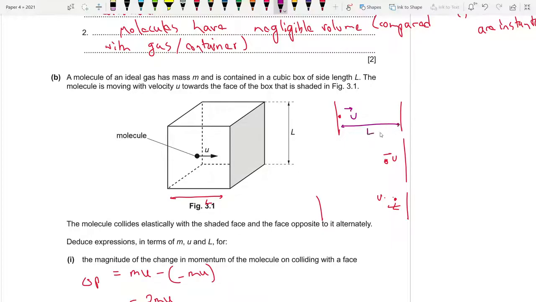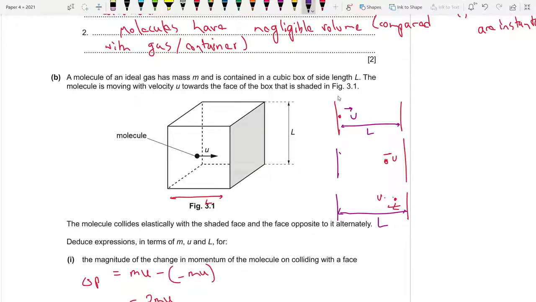It has to cover this distance L. Now after it hits that wall, it still has to travel this distance L again. So after one collision, it has to travel the distance L to get to the other wall, and then after colliding with that wall, it needs to come back through this distance L to collide again.